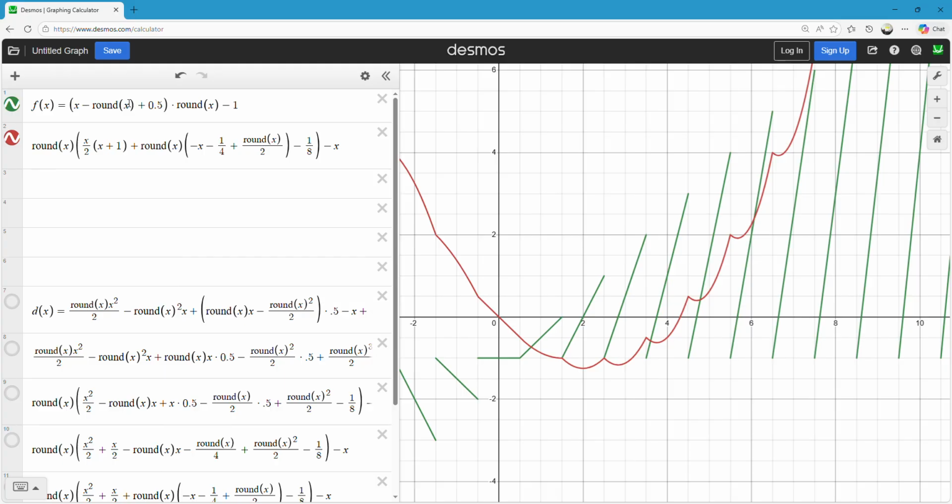Okay. Gotta make sure I'm doing this right, otherwise it's just going to be the wrong function to begin with.